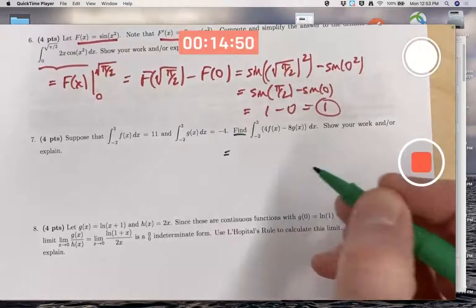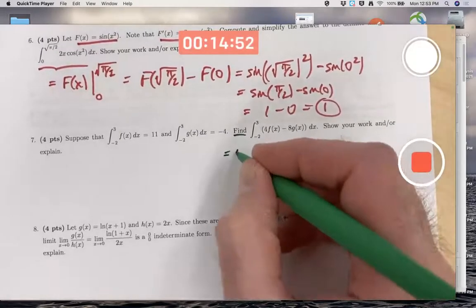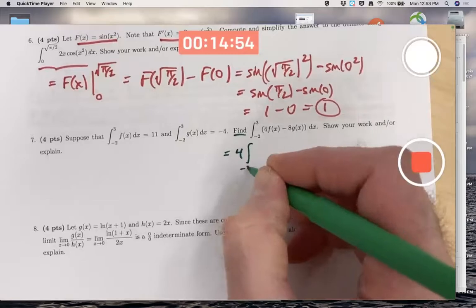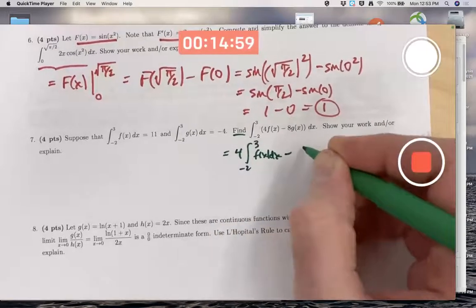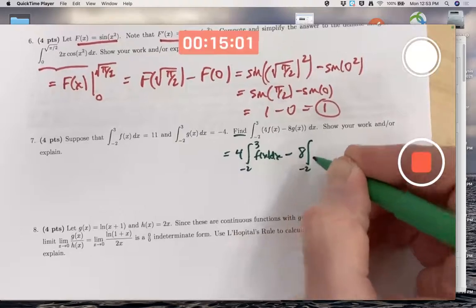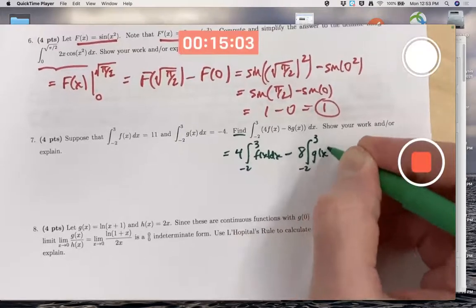That is the corresponding linear combination of the individual integrals. It's 4 times the integral of the first function minus 8 times the integral of the second function. That's a linearity property of integrals.